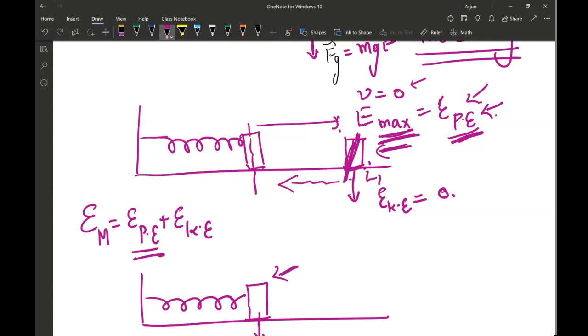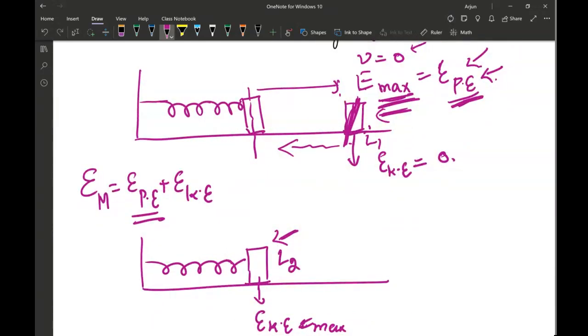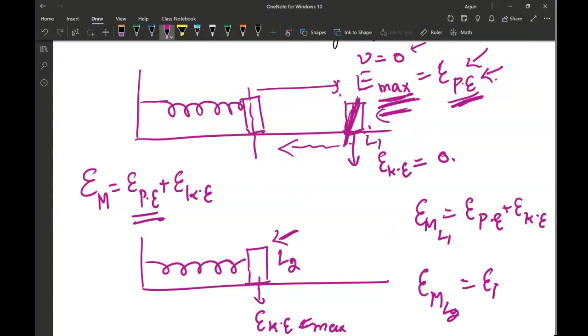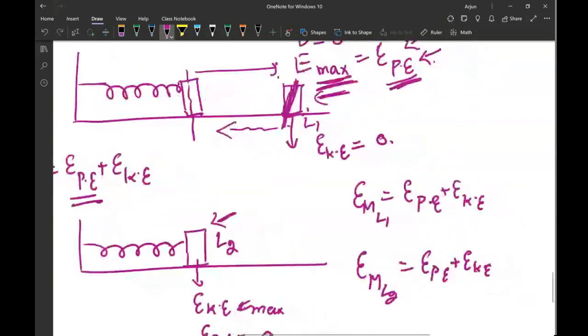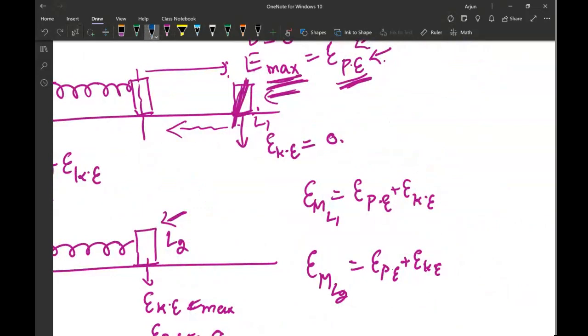I'm going to mark this as location 1 and this one as location 2. So E mechanical equals EPE plus EKE at location 1, and at location 2, EPE plus EKE.